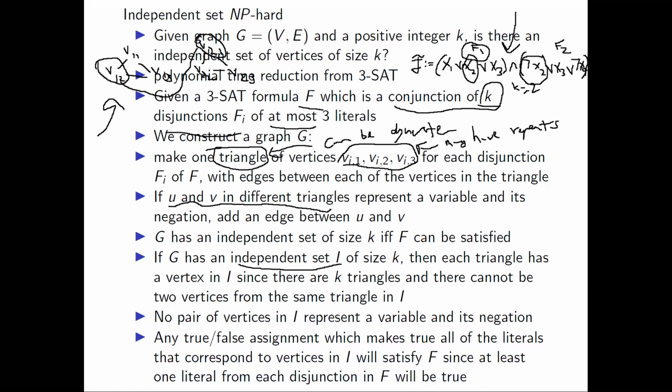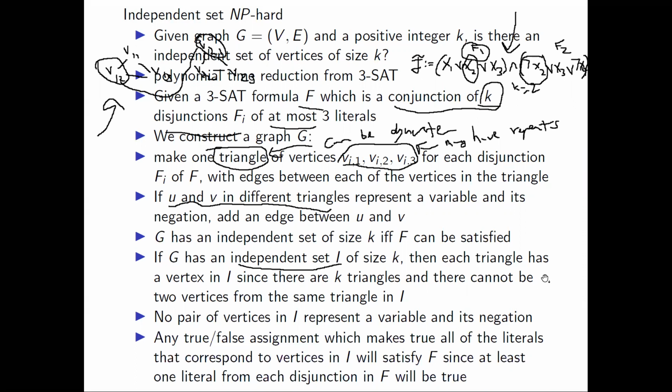So if we take all the literals in our independent set I, and we take any true-false assignment which makes all of them true, then that must satisfy F, because in our independent set, we have a single vertex from each triangle, which means that at least a single literal from each disjunction is true in F. Because, again, each of the vertices in the triangles correspond to literals in the disjunctions.